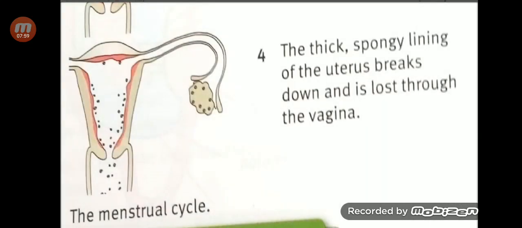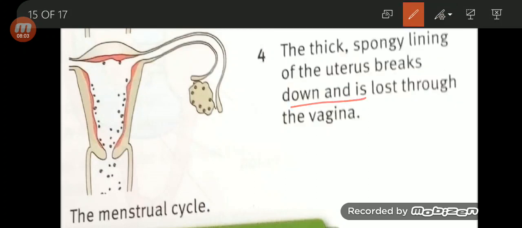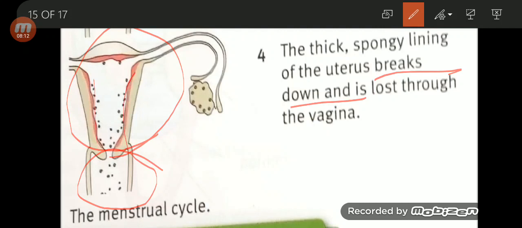Let me explain this with the help of this diagram. Look, the thick spongy layer of the uterus breaks down and is lost through the vagina. This is the vagina and this is the uterus. You can see that the lining has broken down and it will come out in the form of blood.